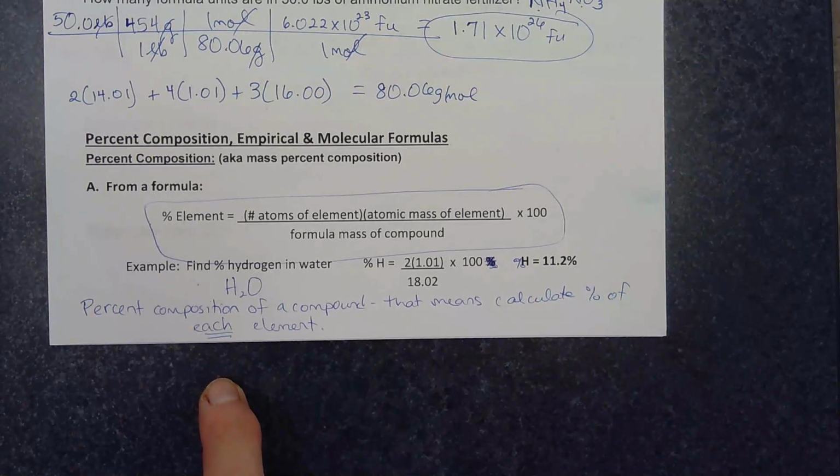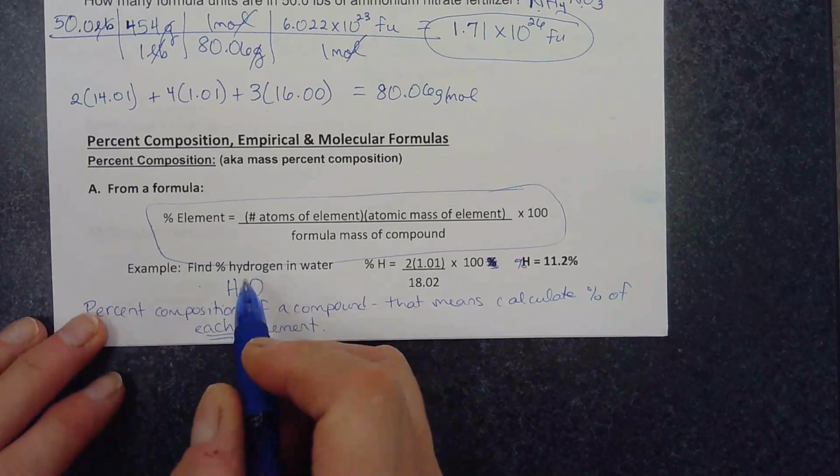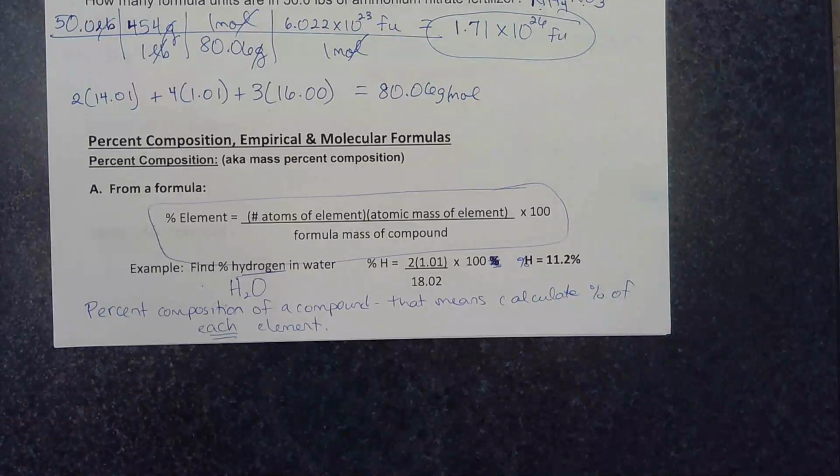Otherwise, just do the element I'm telling you to do. So like in this situation, it said just find percent of who? Of hydrogen. So you're just doing hydrogen in this one. Okay?